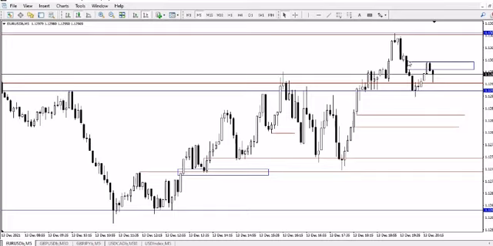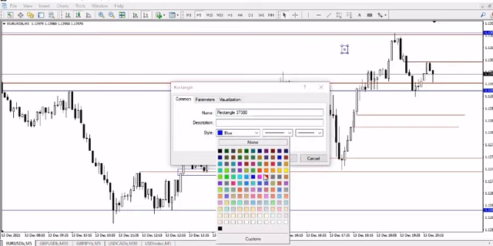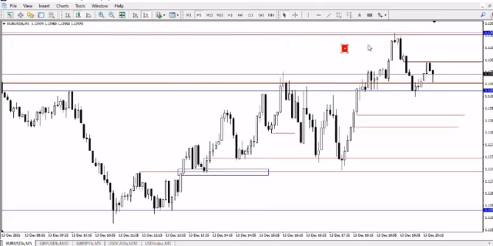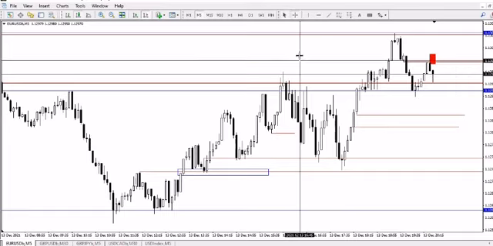So let's take this off for a second. And so let's say we went short in the very next candle with our stop above that.